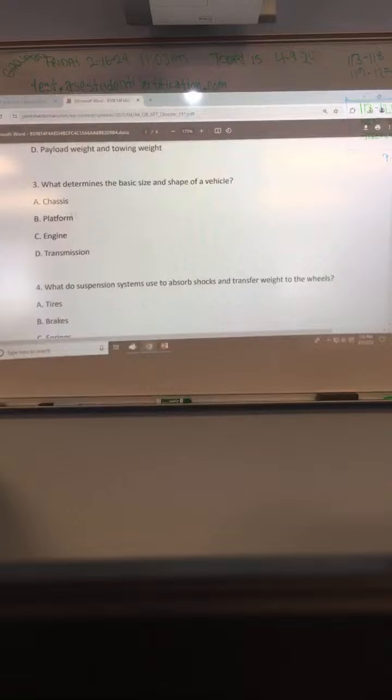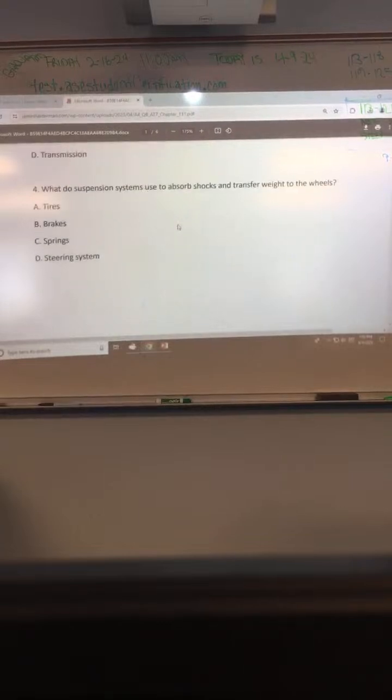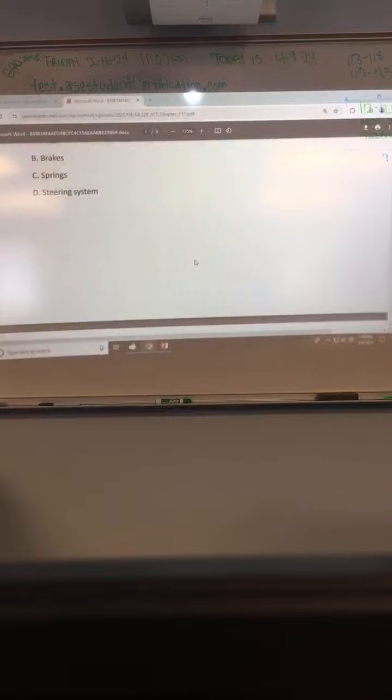Platform. That's B. It's called the platform, yes, basic size and shape. Within the suspension system, which part transfers weight to the wheels? Springs. The springs, absolutely.